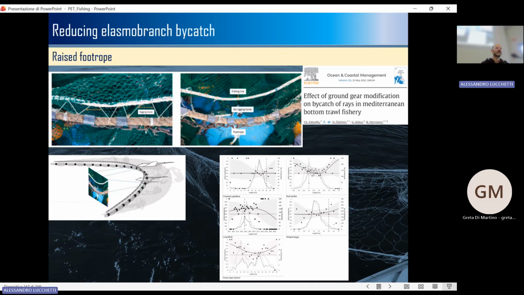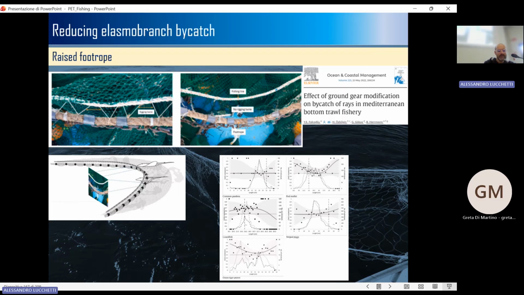If the species that you want to avoid catching has the same dimension as a marketable species, it is a problem. Here, one of the most important species for bottom trawling is the monkfish, Lophius. Lophius sometimes has the dimension of a small turtle, therefore it's difficult to arrange a solution on this.